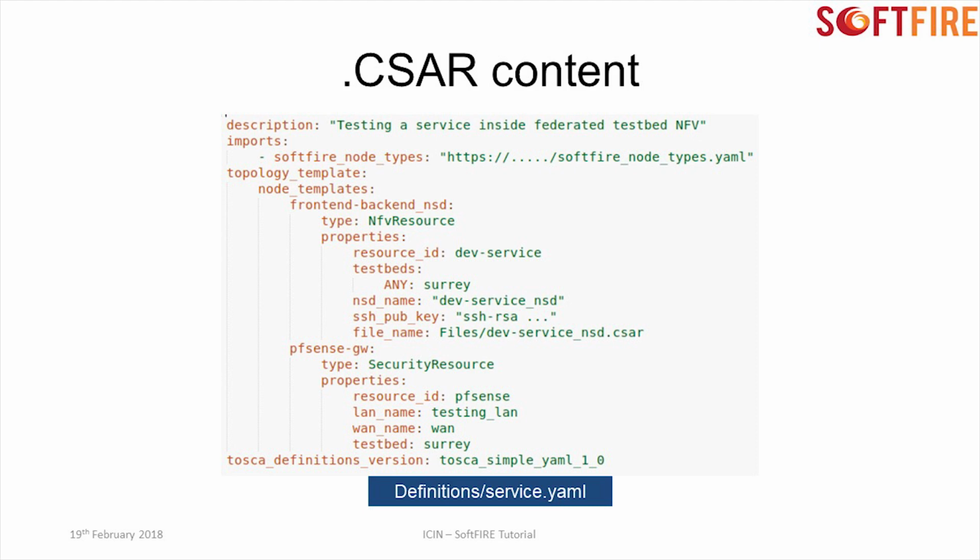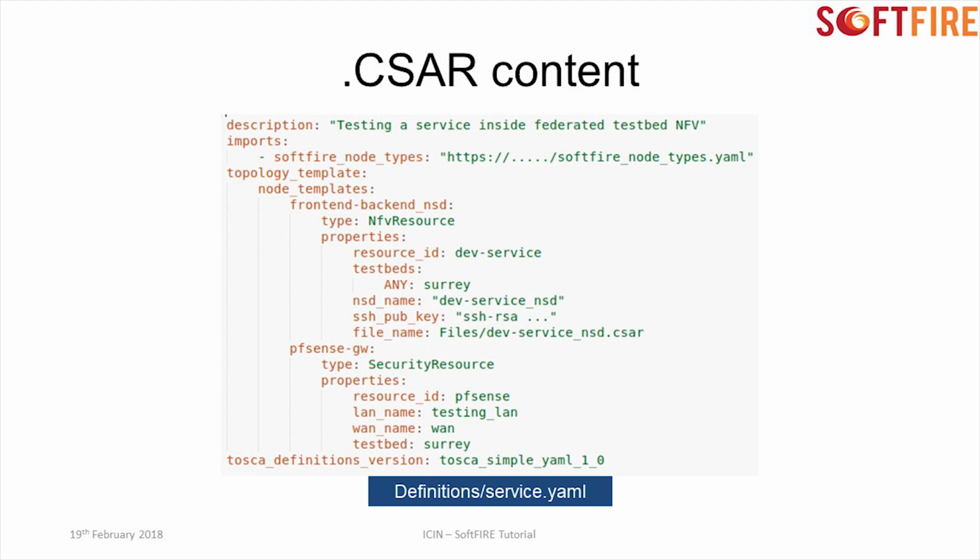We can see first the front-end and back-end network service that will contain our 2 NFV, and we can see the firewall gateway in the node named PFSense gateway. We can see also the name of the testbed in which our network service will be deployed. For this example, we choose the Surrey testbed.